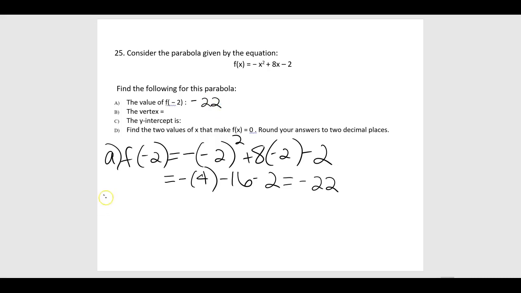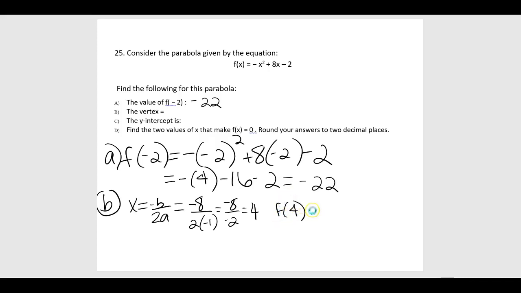Now the vertex. To get the vertex, we're going to first find negative b over 2a, which in this case would be negative 8 over 2 times negative 1, which will be negative 8 over negative 2, which is positive 4. And then to get the y-coordinate, we're going to plug in 4 into the function. So we have negative times 4 squared plus 8 times 4 minus 2.